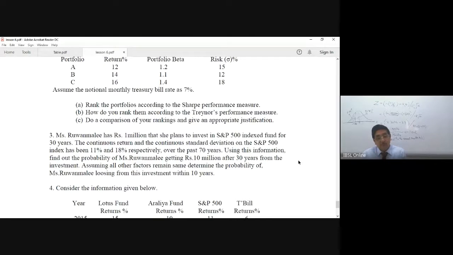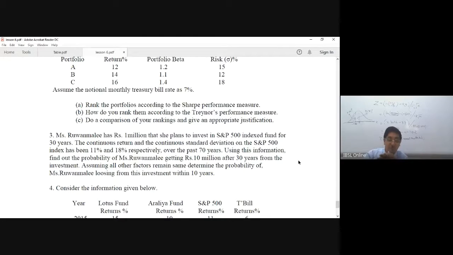Now, if you do not get anything out of the investment, so if the investment remains the same, that means you have not gained anything. So that is the limitation part. But if your investment becomes less than 1 million in 10 years, that is the losing point.